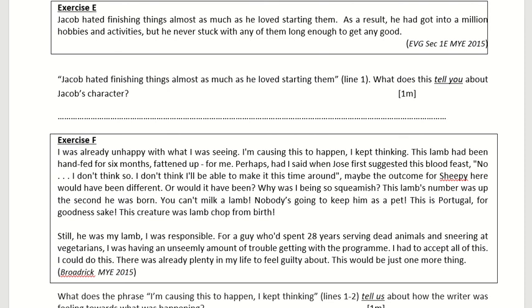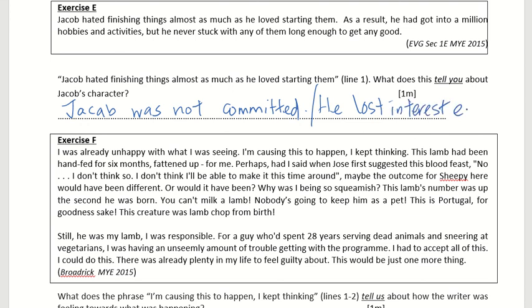Jacob was not committed. What other possible answer? He lost interest easily. Okay.